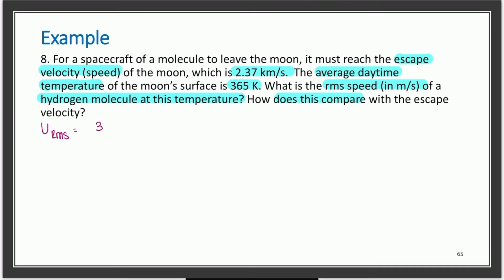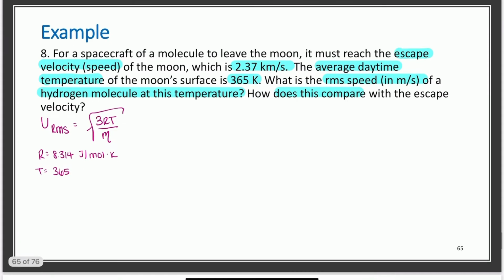URMS is equal to the square root of 3RT over your molar mass. Again, R is your gas constant in the form of 8.314 joules per mole K. T is temperature. The moon's temperature, 365 Kelvin. And molar mass here, we're dealing with H2.